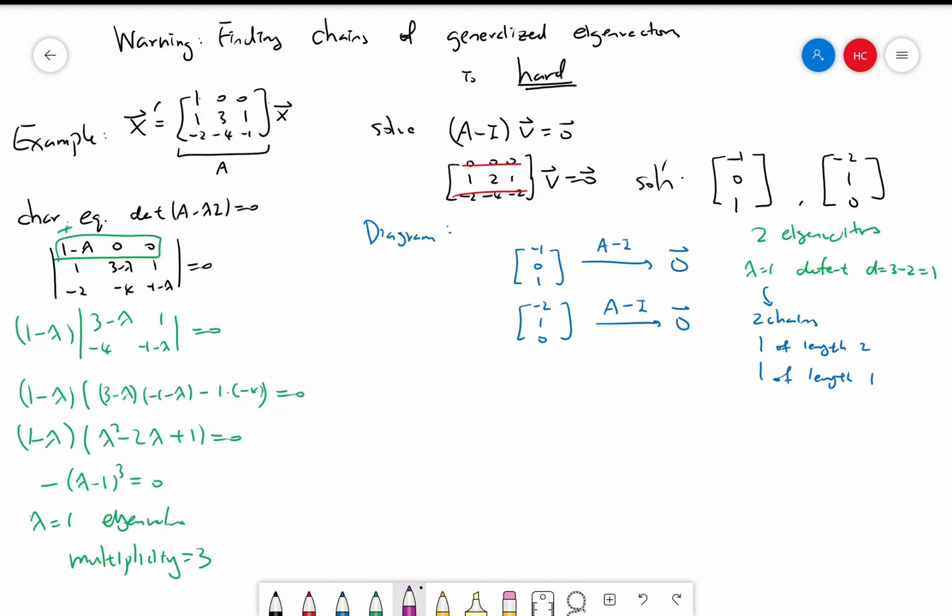So the way to do it is we're going to start with a random vector, which is literally a random guess. 1, 0, 0 is the most convenient guess. It might not work, but in most cases it's going to work, so we're going to stick with that. So we're going to see where it goes. So A minus I is [0, 0, 0; 1, 2, 1; -2, -4, -2]. We're going to multiply this by 1, 0, 0. So this is equal to 0, 1, negative 2.